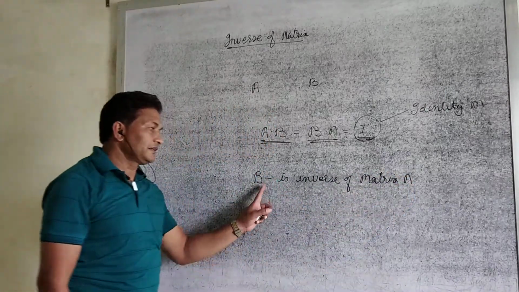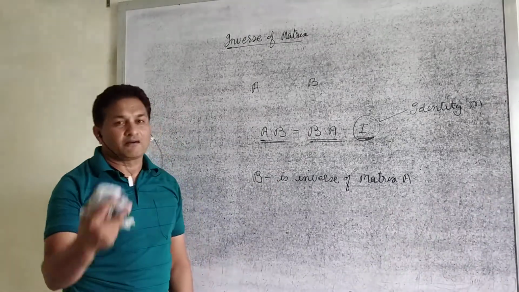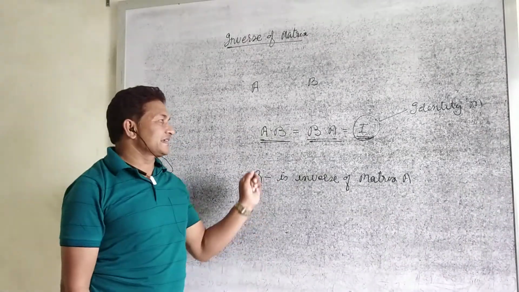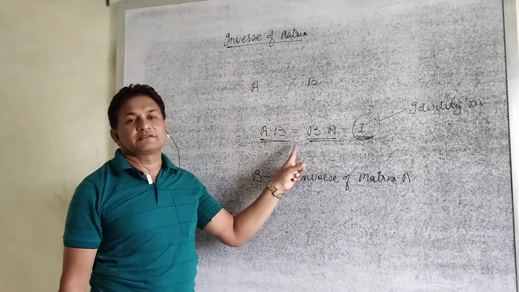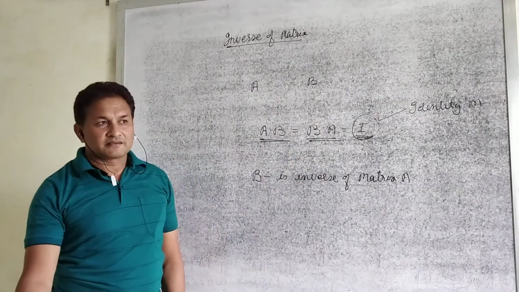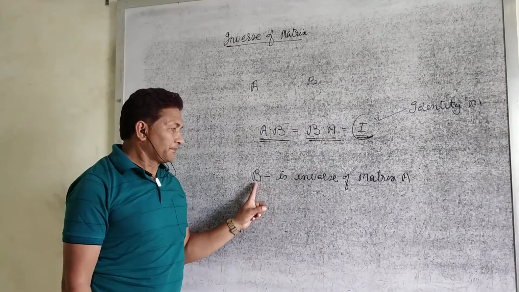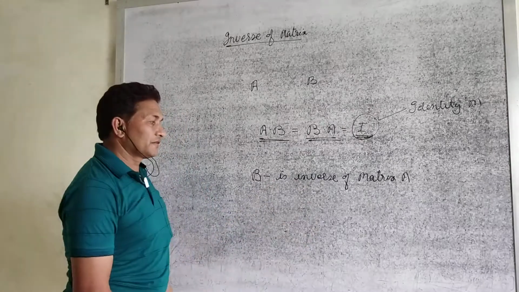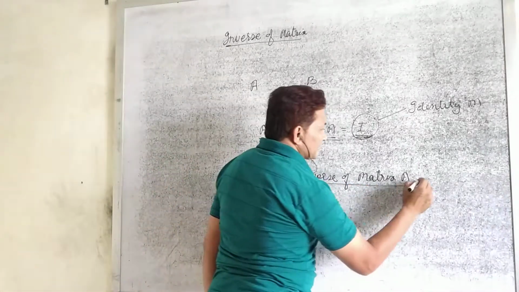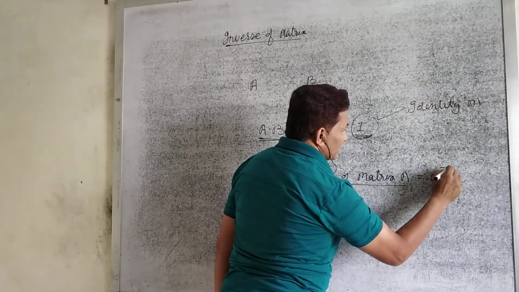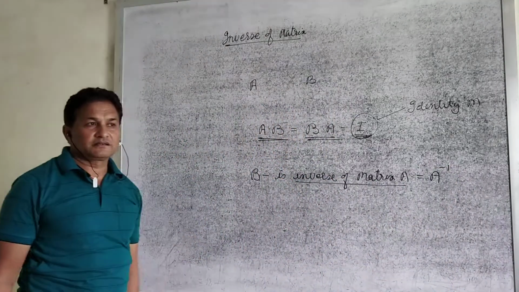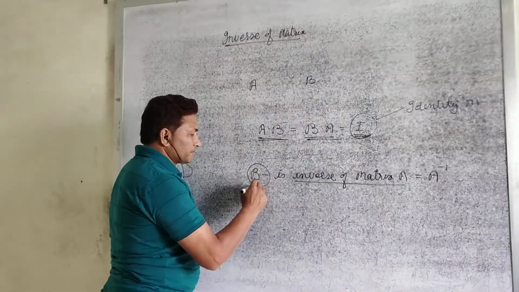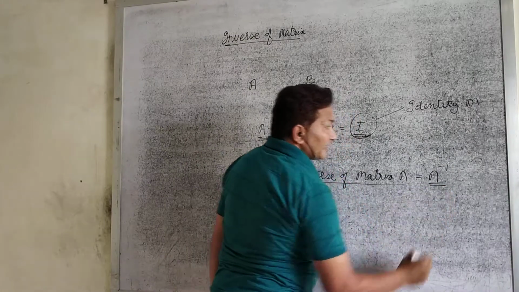So B is called the inverse of A, or vice versa, we can say that A is the inverse of B. But leave it, here we consider B. B is the inverse of A, and the inverse of matrix A is denoted by A to the power minus 1. So in place of B we can write A inverse.